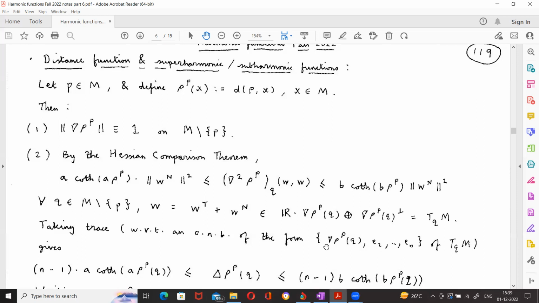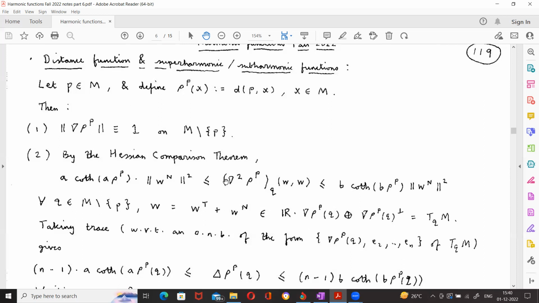Then in the direction of the gradient vector, the integral curves of the gradient vector are just geodesics starting from P, right? So along those geodesics, the distance function is just a linear function: rho of gamma(t) is equal to t. So the second derivative is 0, right?